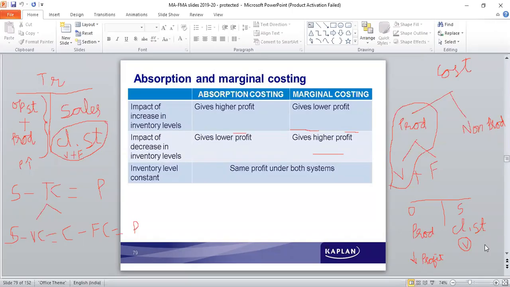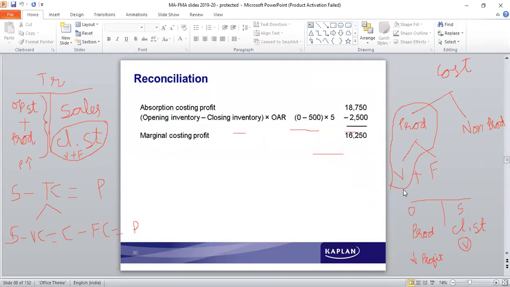For those lesser number of units, the variable cost is charged. So relatively, in either case, it should be lower profit only in marginal costing. If both the inventory levels are the same, it is the same profit under both the systems.